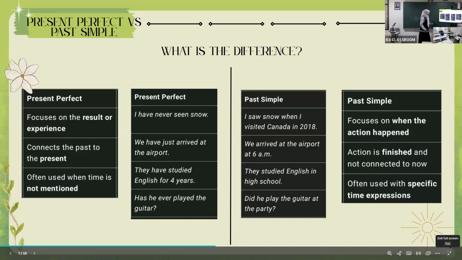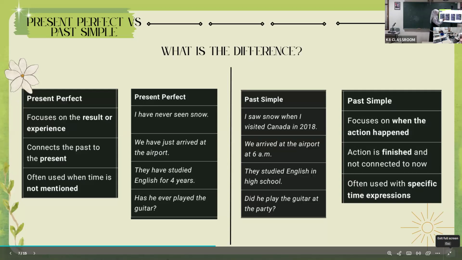To compare, I have a few lists of sentences in present perfect and past simple. For example, I have never seen snow. This is present perfect, and the past simple is I saw snow when I visited Canada in 2018. As you can see, present perfect focuses on the result, and there's no time mentioned.